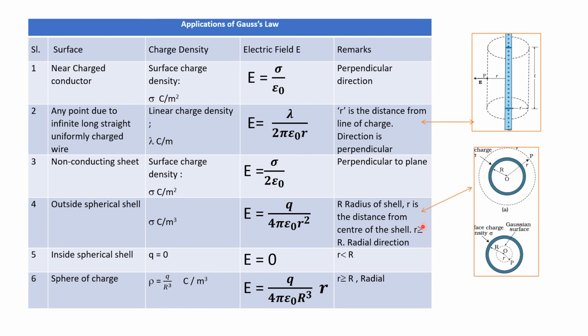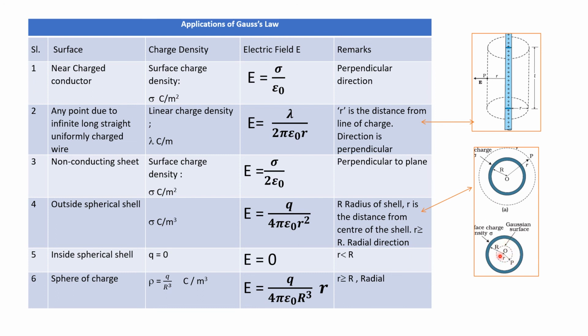And outside the spherical shell, E is equal to Q over 4 pi epsilon naught r square. Here the Gaussian surface is outside the sphere of radius capital R. And in the next case, inside the spherical shell, the field intensity is 0.